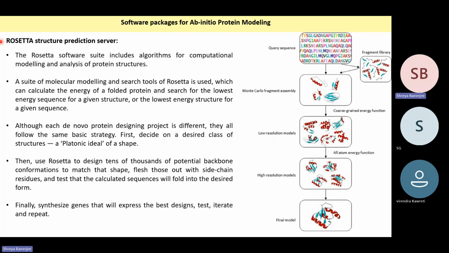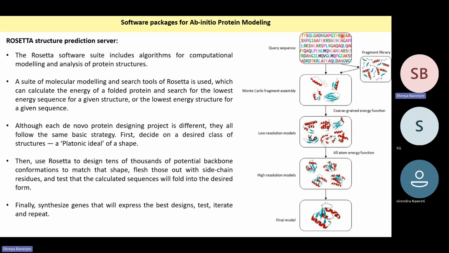Another is the Rosetta structure prediction. So here, this software includes different algorithms for computational modeling and analysis of protein structures. A suite of modeling and search tools is used which can calculate the energy of a folded protein and search for the lowest energy sequence of a given structure or lowest energy structure for a given sequence.